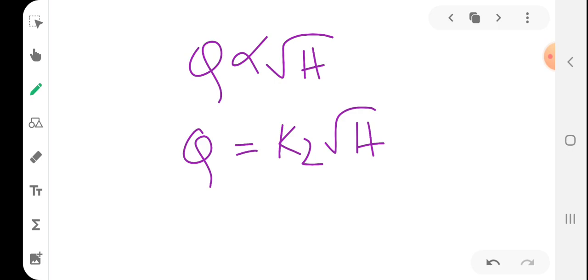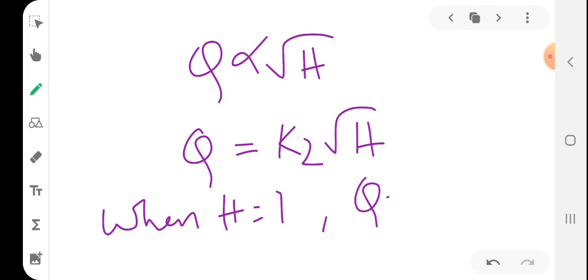K2 is the constant of proportionality in this case, because K1 was already used as the constant of proportionality while we were deriving unit speed. When h is equal to 1, according to the definition of unit discharge, Q is Qu.